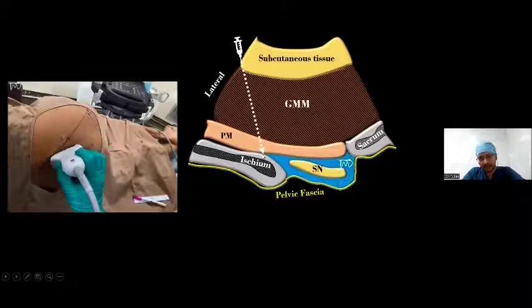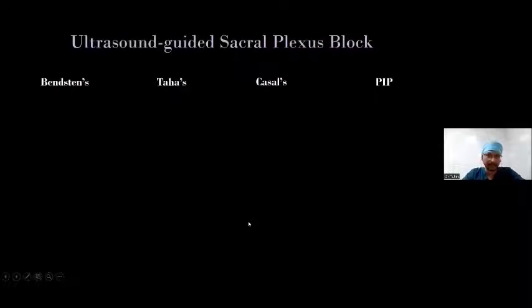We are hitting the ischium and depositing the drug. The drug is spreading between the epimysium of the piriformis muscle and the pelvic fascia, and the drug is spreading medially and blocking the sciatic nerve. So the chance of direct nerve injury is less. And we have also started using this block for post-operative analgesia.